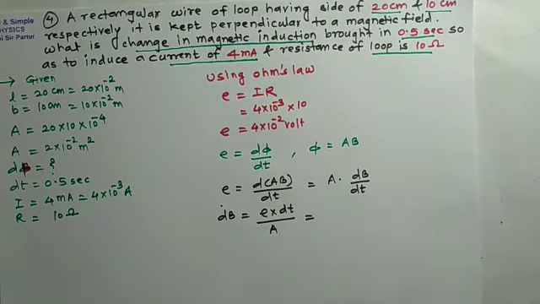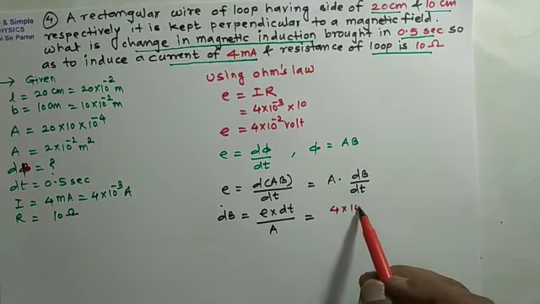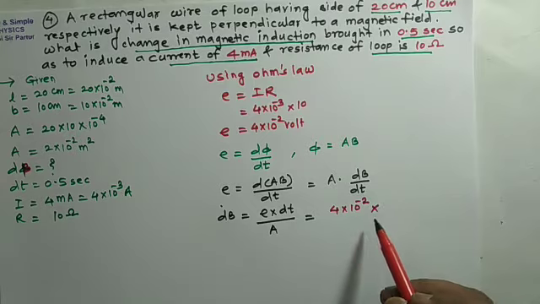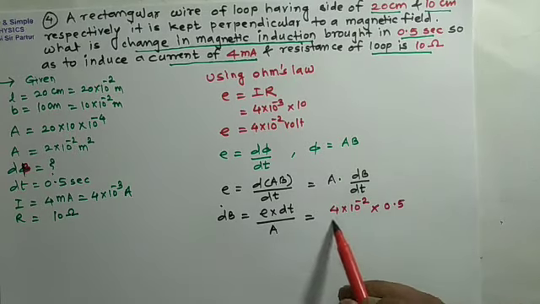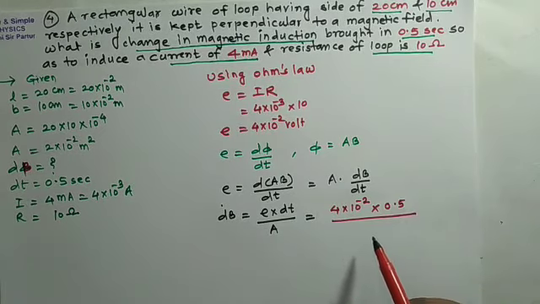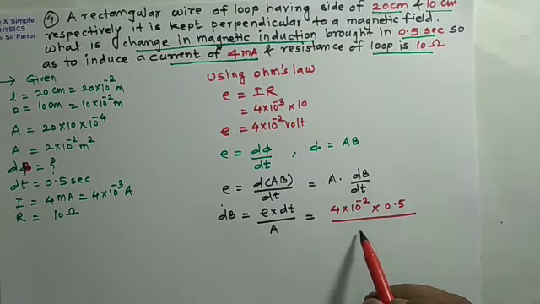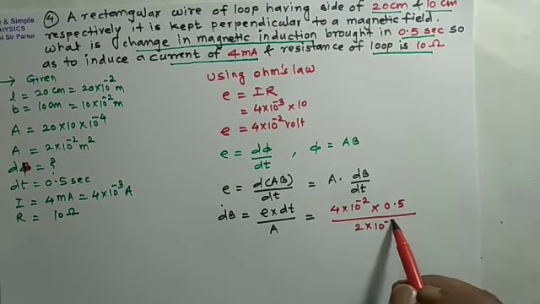If we substitute the value of E, which is 4 into 10 raised to minus 2, time 0.5, divided by area, which is 2 into 10 raised to minus 2.